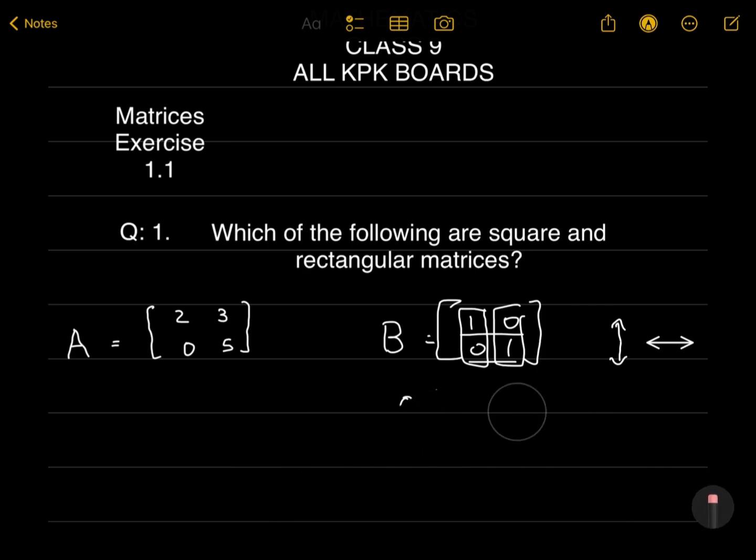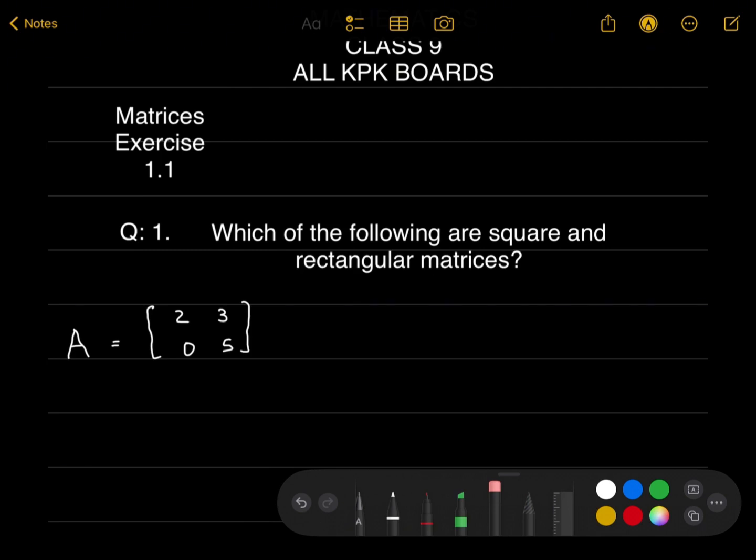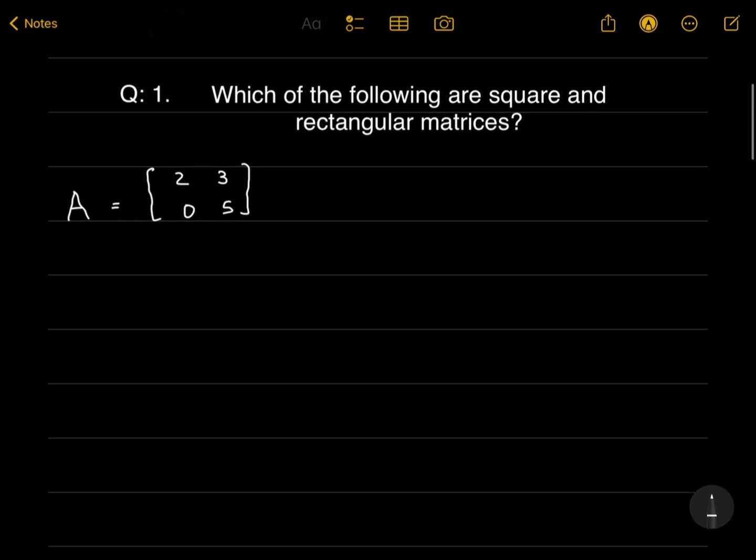Okay, so let me erase these. So let's go further with question number 1. Which of the following are square matrices and rectangular matrices? So, square matrices, as the name suggests, square is a figure with all 4 sides equal, whereas a rectangle has 2 pairs of equal sides.